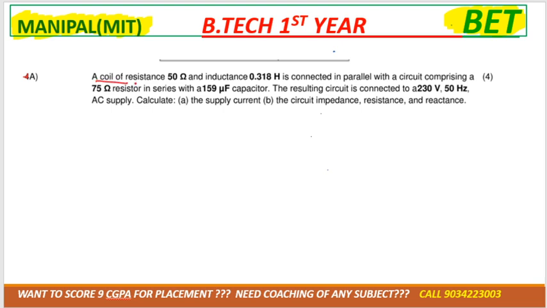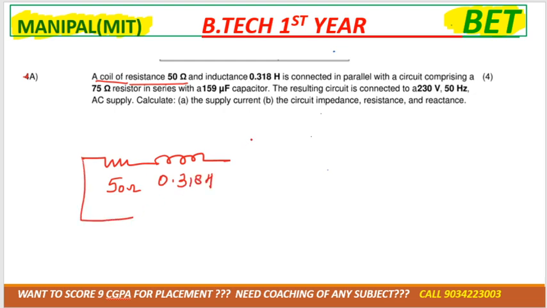In this they said a coil of resistance 50 ohm and inductance 0.318 Henry is connected in parallel with the circuit comprising of a resistor 75 ohm in series with a 159 microfarad capacitor.